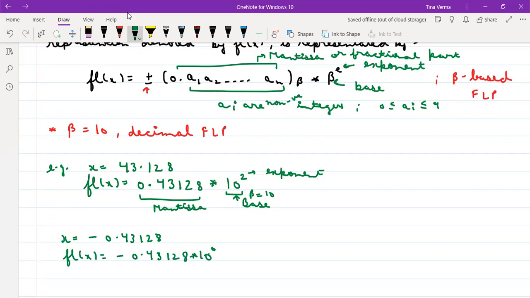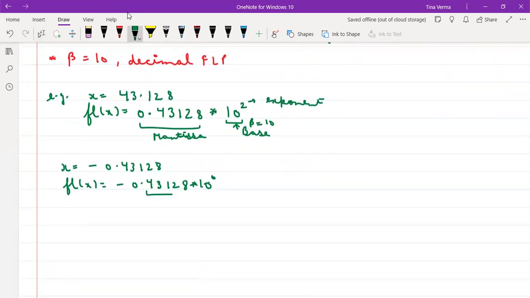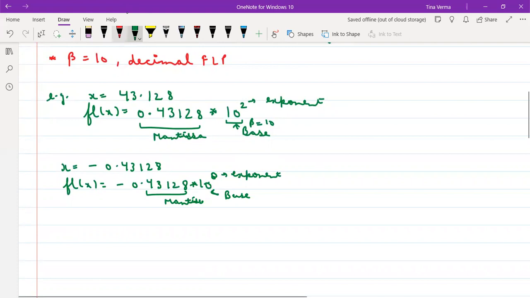So the negative sign is denoting that it is a negative number, and this is your mantissa part. And here the same, this is the base, and in this case the exponent is 0, right? So when we write a number, you can write some remarks over here.